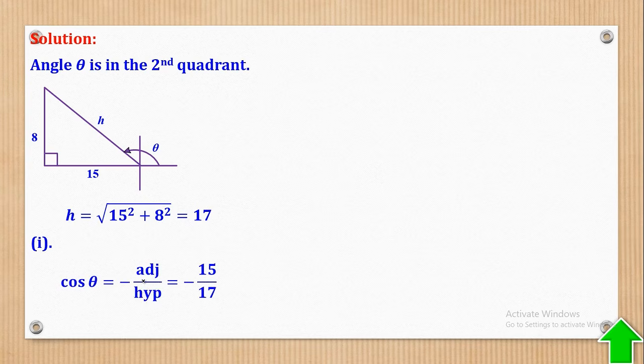Here we realize that there is a negative. Why is it negative? Because in the second quadrant it is only sine which is positive, meaning that cos and tan will be negative. So that is why you see a negative here on cos, and the adjacent is here and the hypotenuse is here. Therefore it will be negative 15 over 17.